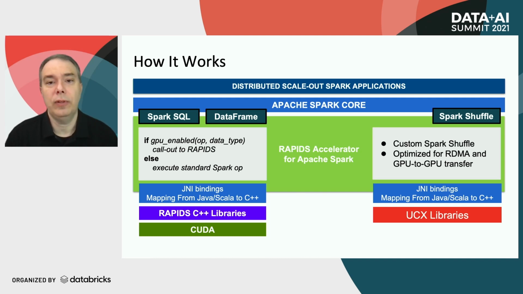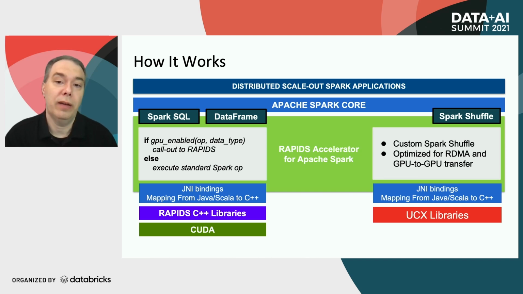At a high level, you can see on the left, there's this pseudocode where we look at the plan, and for every operation in the plan, we check to see if an operation and a particular data type combination can be supported on the GPU. And if so, we call out to the RAPIDS library to implement that behavior. If we cannot support it on the GPU, then we will fall back to the CPU implementation. And this is key for the compatibility where you don't have to change your code.